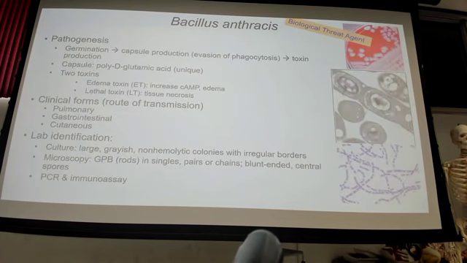Okay, in terms of pathogenesis, this bacteria has two plasmids that are really important for pathogenesis, pXO1 and pXO2. You don't have to know those for the test, but I just want to explain why it's super important and why that makes this bacteria so virulent.